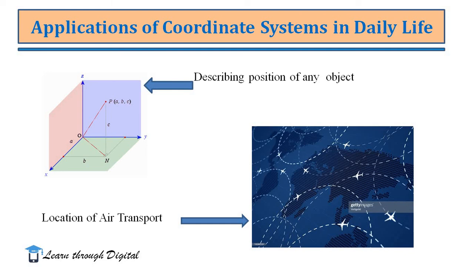Another application is location of air transport. We all have seen the aeroplanes flying in the sky but might not have thought of how they actually reach the correct destination. Actually, all this air traffic is managed and regulated by using coordinate geometry.